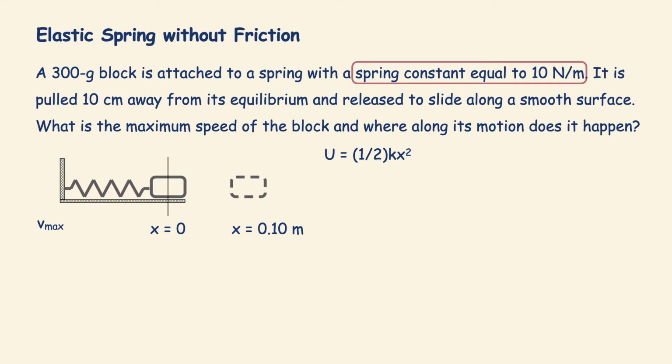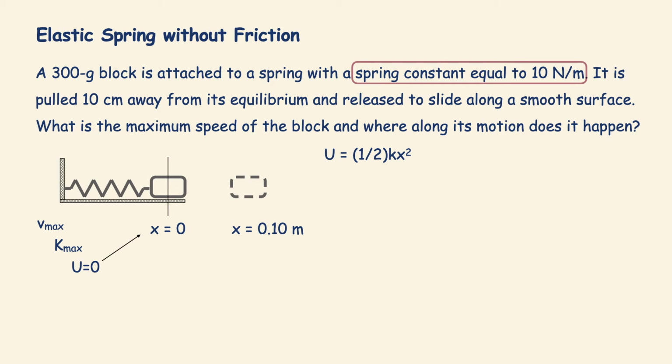Now let's look at the diagram here and see if we can figure out where along the motion of that block we will see maximum speed. Maximum speed will correspond to maximum kinetic energy, and given that the kinetic energy added to the potential energy will always have to add up to a certain amount of mechanical energy, we can see that the maximum kinetic energy will be when we have minimum potential, in other words, when we have zero potential energy.